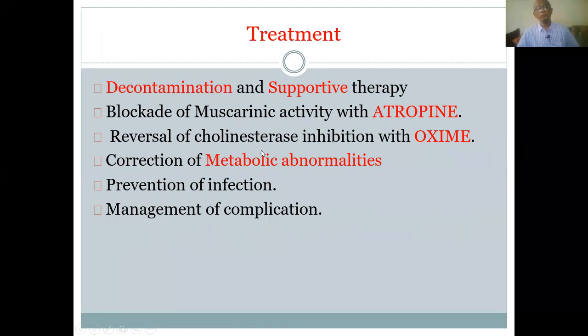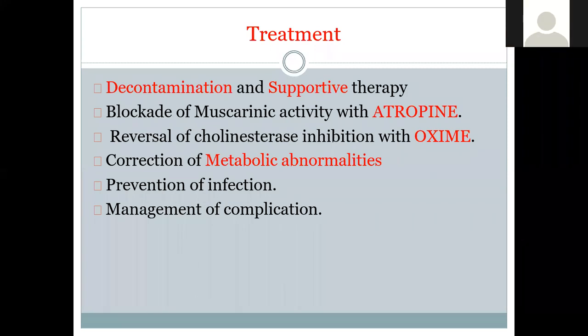Now we come to the main treatment portion. Decontamination is important. You have to remove all the clothes from the body, wash the hair, and clean all the contaminant from the surface of the body.